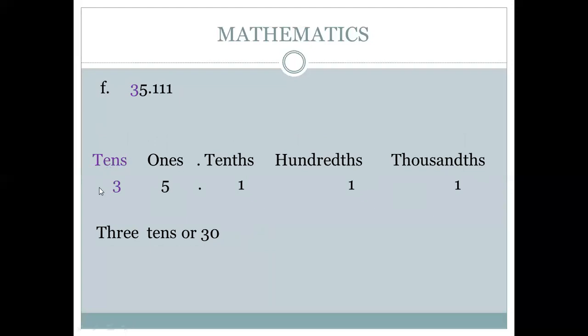Because 35 is a whole number, there is no decimal, so that's why we write ones and tens. Where does 3 fall? 3 falls on the tens place, not after the decimal. So that's why we write 3 tens, or 30.